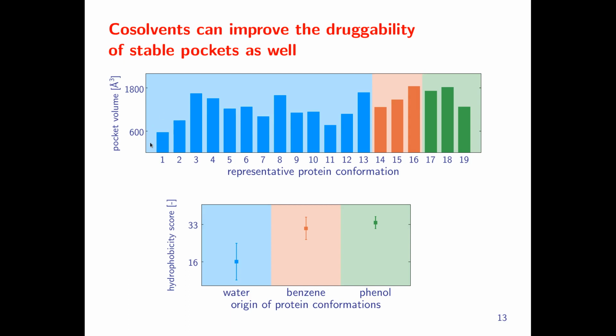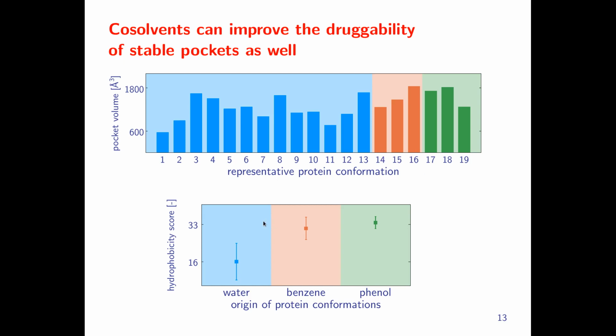The pocket volume, however, still fluctuates significantly from 600 to 1800 cubic angstroms. Moreover, we can see that the red and the green cosolvent conformations are able to provide consistently higher pocket volumes, indicating that this pocket is more accessible in these cosolvent conformations.